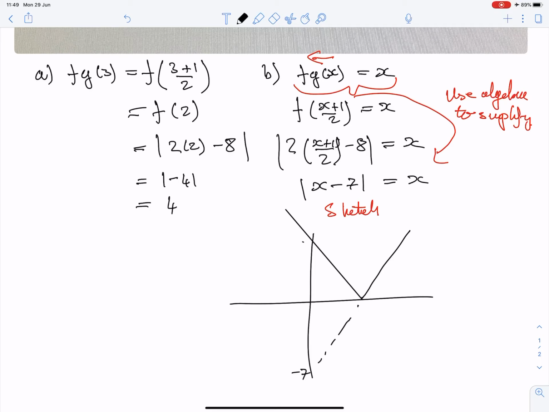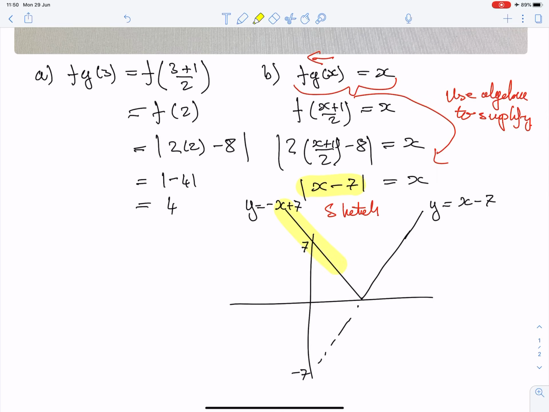So we get plus 7 here. So we've got the line y equals x minus 7, and the line y equals minus x plus 7. That's our first two lines.